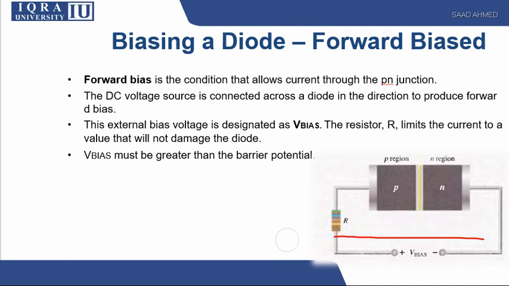Let's see what we do when we forward bias a diode. In simple terms, when the positive terminal of the diode is connected to the positive terminal of the battery, and the negative terminal of the diode is connected to the negative terminal of the battery, then it becomes forward biased.